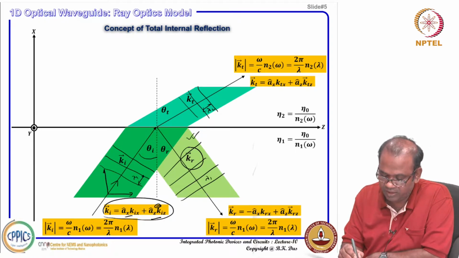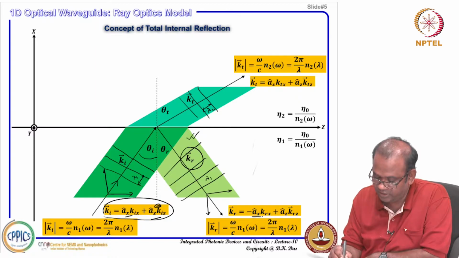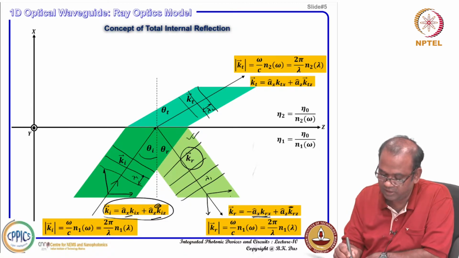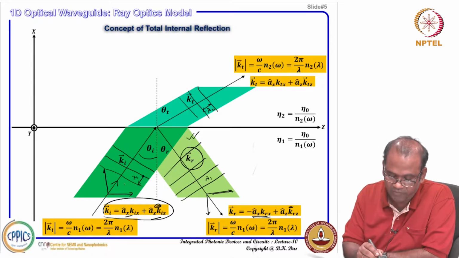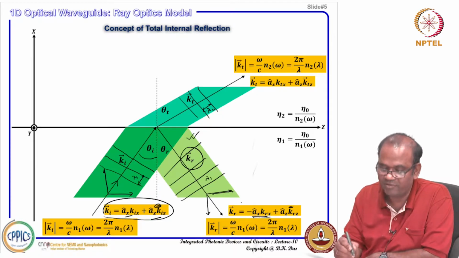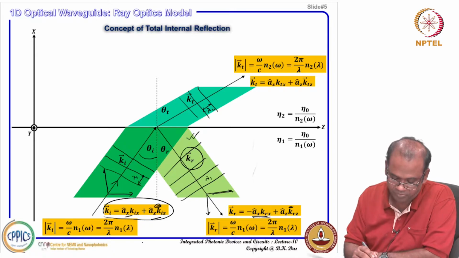The reflected wave vector has k r x in the negative x direction, and k r z in the positive direction. So, the difference between the incident wave and the reflected wave is that the k r x component is reversed, that is it.